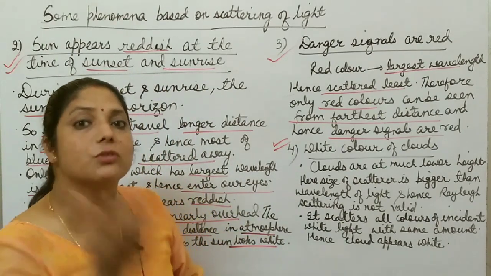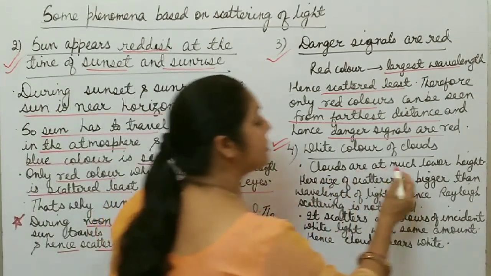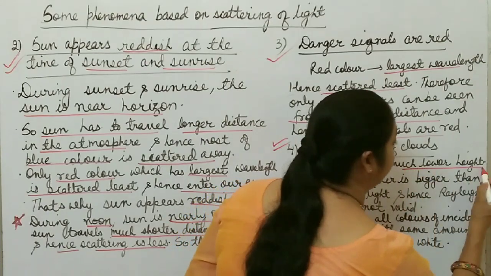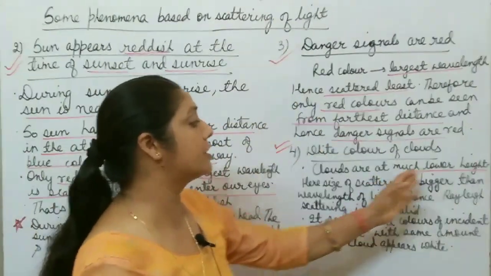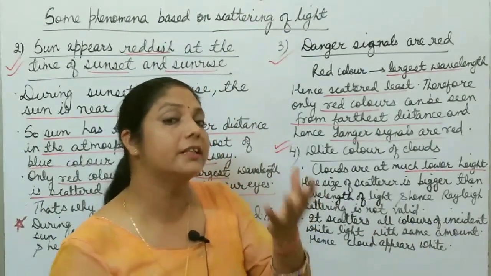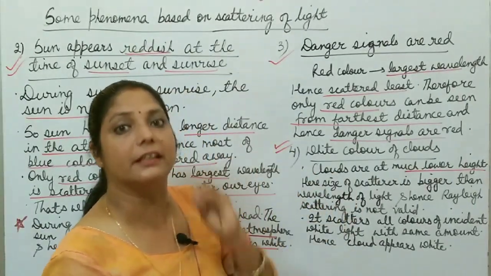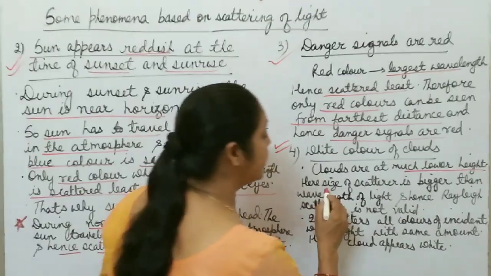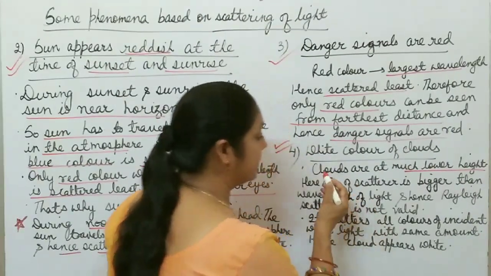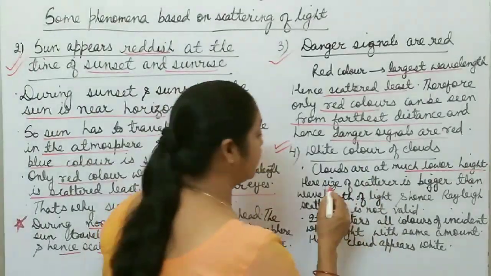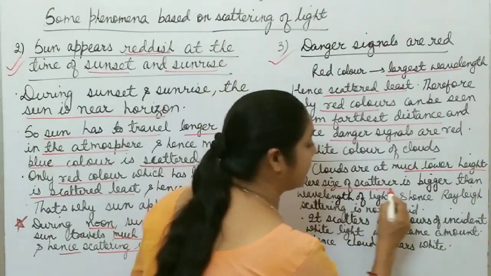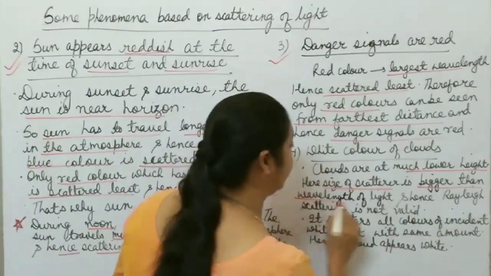Okay, now one last phenomenon based on scattering of light is the white color of clouds. Why does a cloud appear white in color? Because clouds are at a much lower height. And what happens when the clouds are at a much lower height? Cloud contains dust particles and water molecules which are bigger in size than the wavelength of light. And if the size of the dust particles in clouds and water molecules is bigger, it means the size of a scatterer is bigger than the wavelength of light.